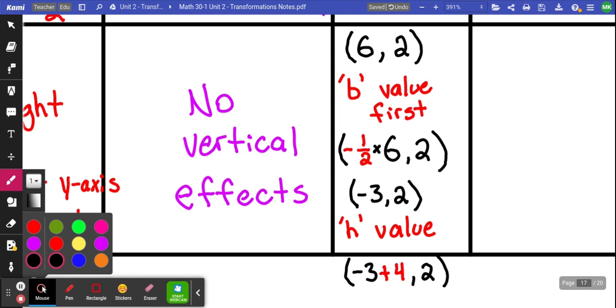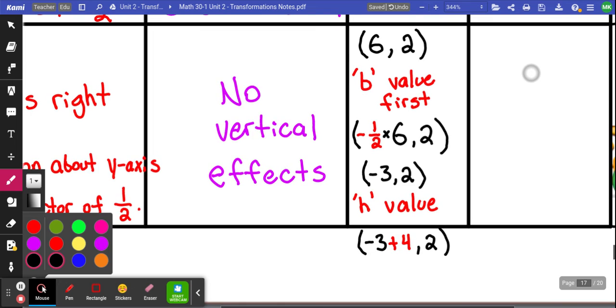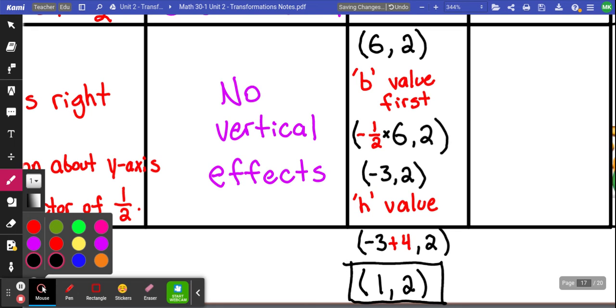Meaning that this point moved to become 1,2. The order matters. It's just following BEDMAS. Multiplication before addition. Right? Like BEDMAS would tell you multiply first.